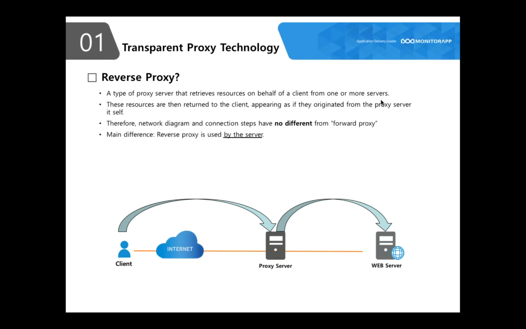So the reverse proxy sits quite close between the proxy server and the web server. But a forward proxy was created to protect the client, so the location sticks to the client side. This is a huge difference between forward proxy and reverse proxy.